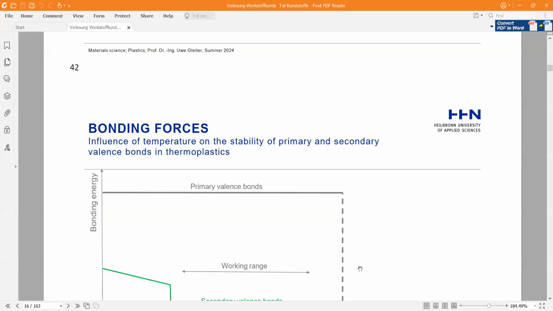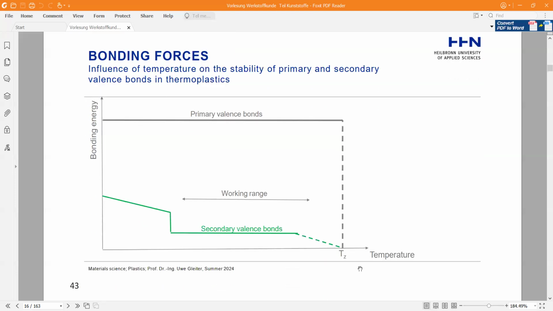Bonding forces: the influence of temperature on the stability of primary and secondary valence bonds in thermoplastics. On the X scale we have temperature and on the Y scale bonding energy. For primary valence bonds, the higher the temperature gets, the bonding energy stays constant.